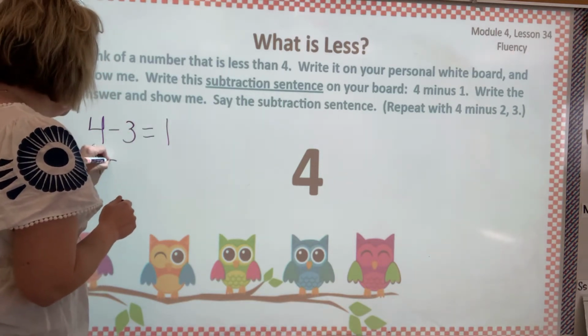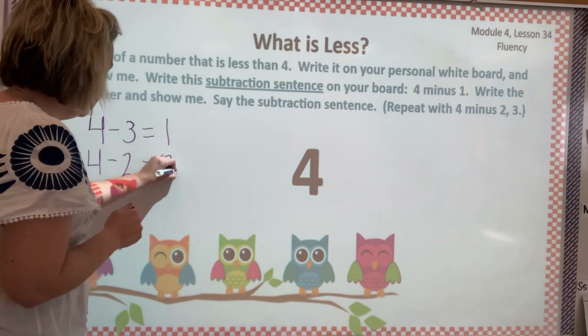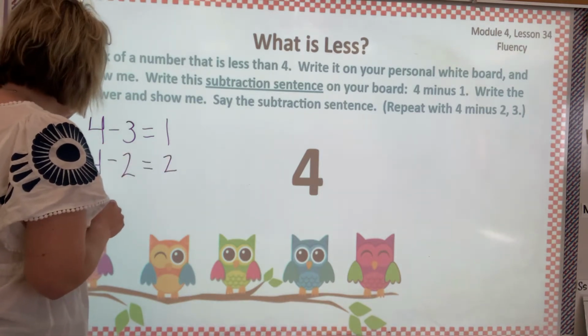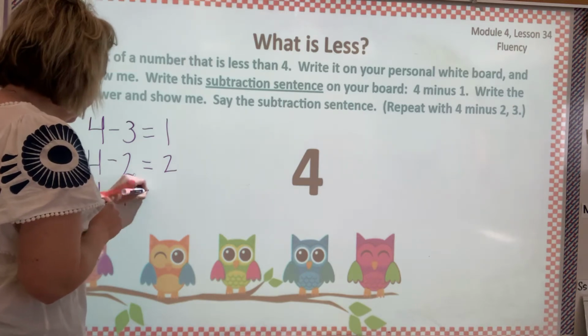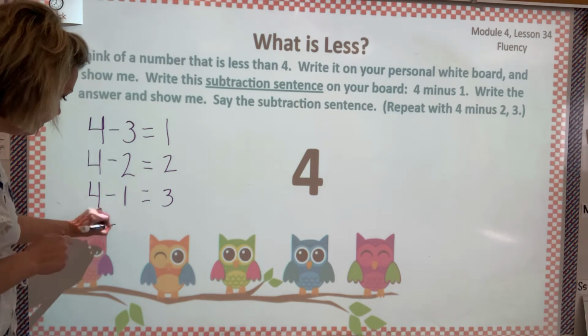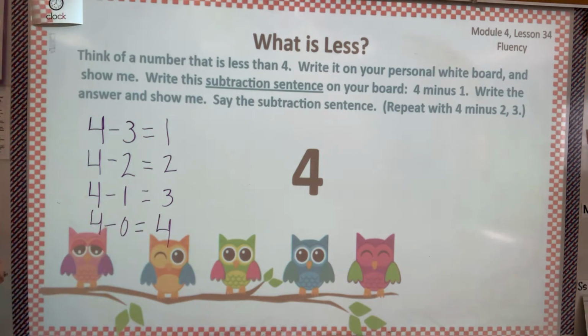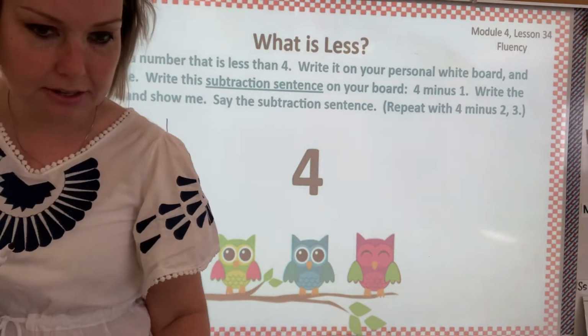And 4 minus 2 equals 2. 4 minus 1 equals 3. And 4 minus 0 equals 4. Those are all possible answers.